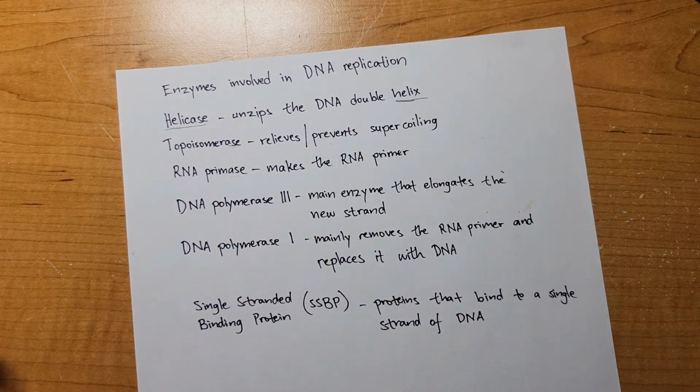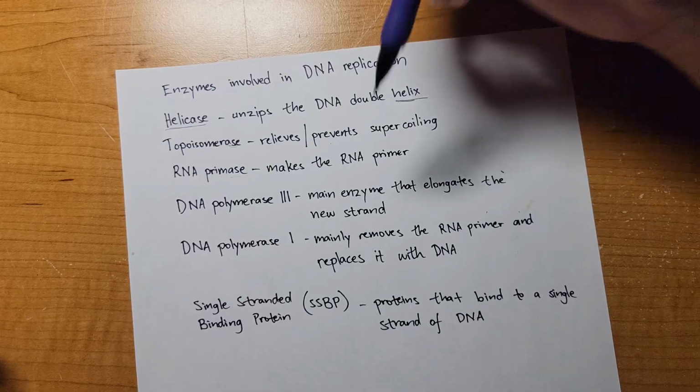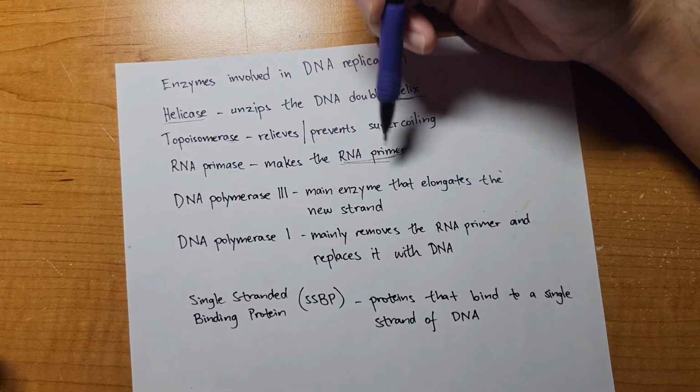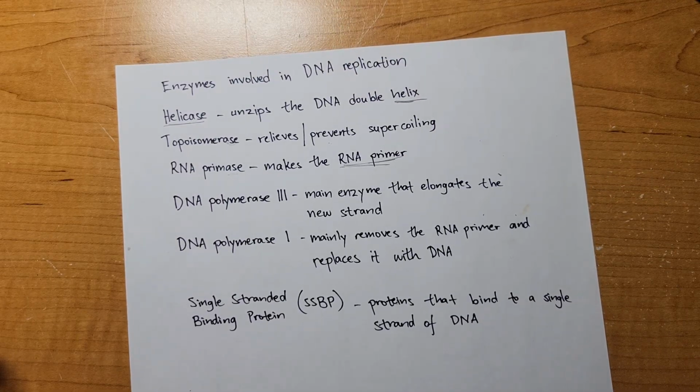Next one is RNA primase. This is an important enzyme because it makes the RNA primer. So why is it important? We need RNA primers for DNA polymerase to know where to start. Because DNA polymerase will do everything else, like elongate the new strand that is forming, but it cannot start on its own without the RNA primer.